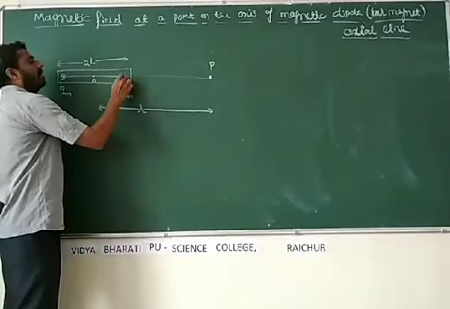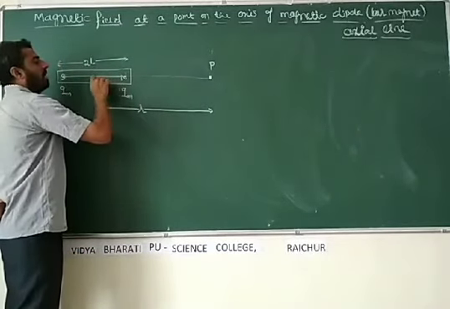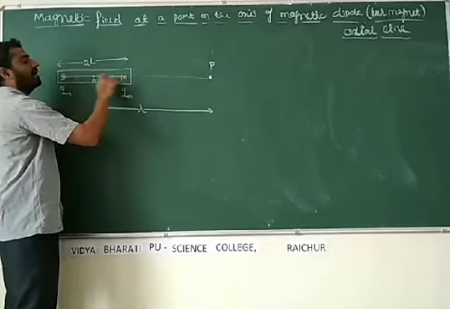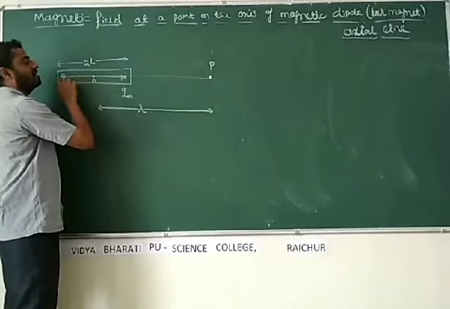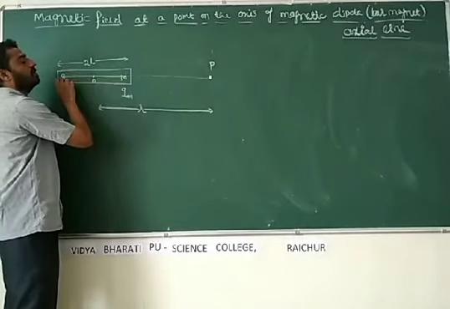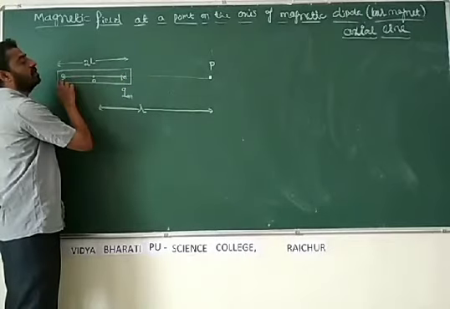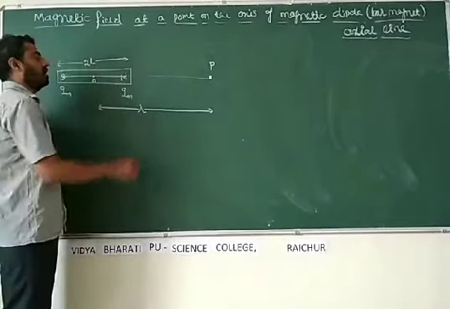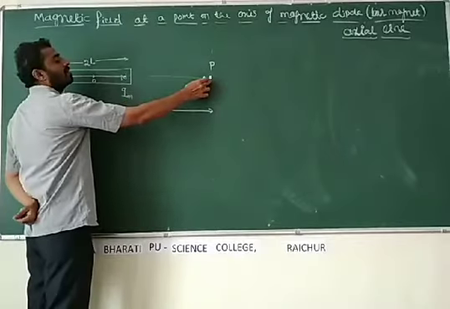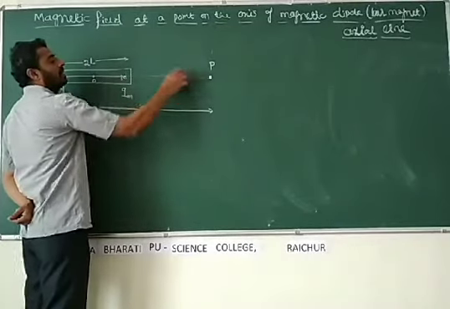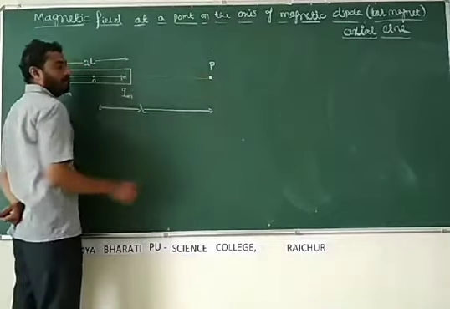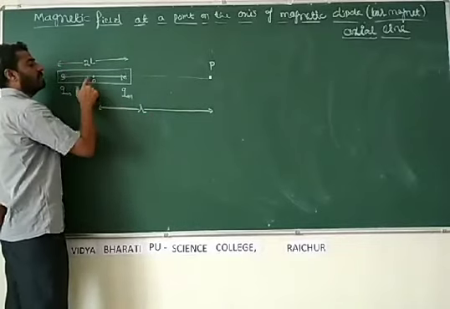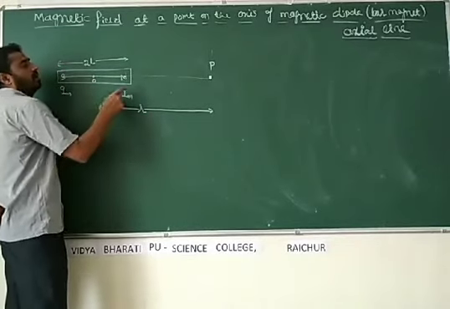And here I have taken that point P along the axis of the magnet. See, this is the magnetic axis. Magnetic axis is a straight line which passes through the two poles of the magnet. And this chosen point where the intensity is to be found is along the axis of the magnet, and here it is taken at a distance r from the center of the magnet.